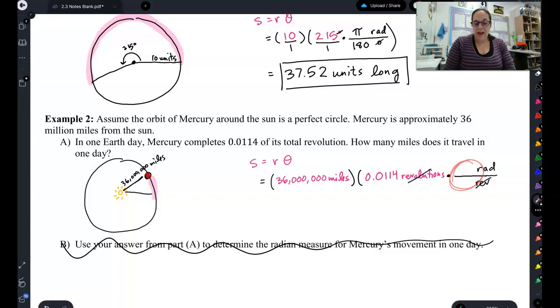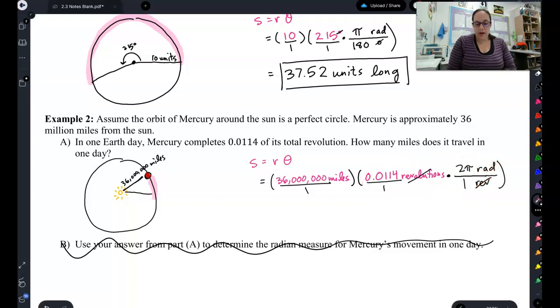Now I think, how many radians in how many revolutions? Well, I know there are 2 pi radians in 1 revolution. So there's my complicated looking 1. And now, because the revolution's canceled, this angle is in radians, which is what I wanted.